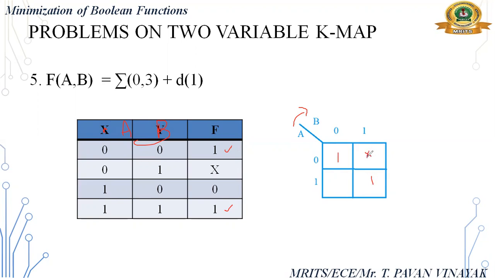Okay, now let us consider don't care as 0. Don't care as 0. Then what happens? Output is single variables, right? Single variables means A bar B bar plus AB.